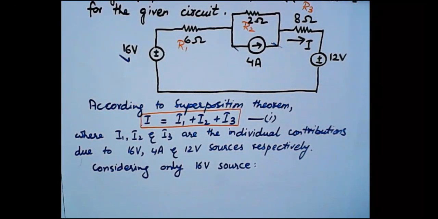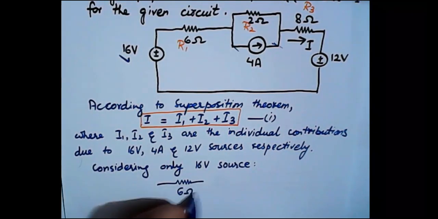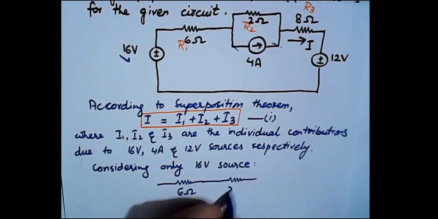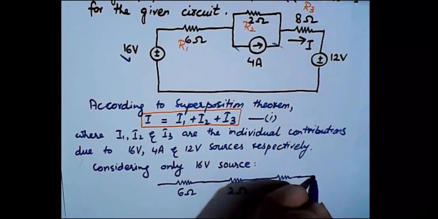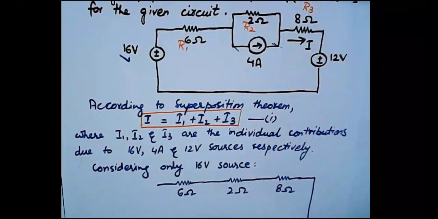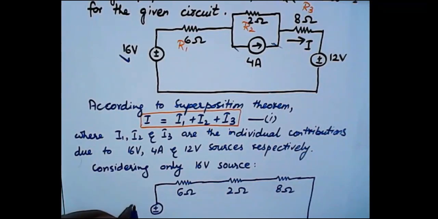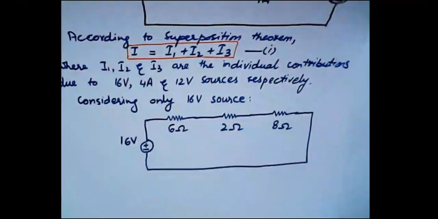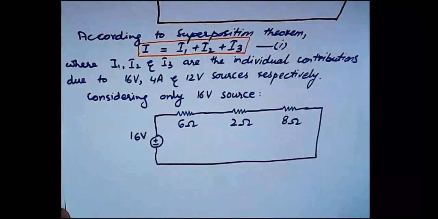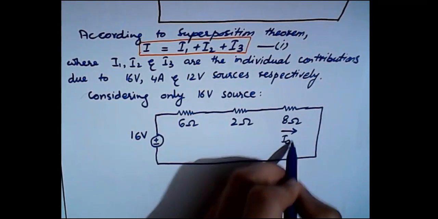So let's draw the circuit. 6 ohms, then we have 2 ohms and then 8 ohms. Right, so this will be our circuit, and here you can see this will be the current I naught 1.